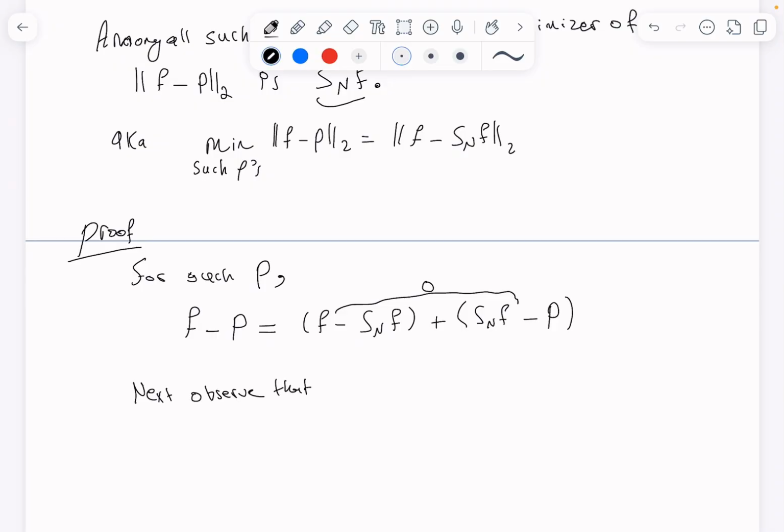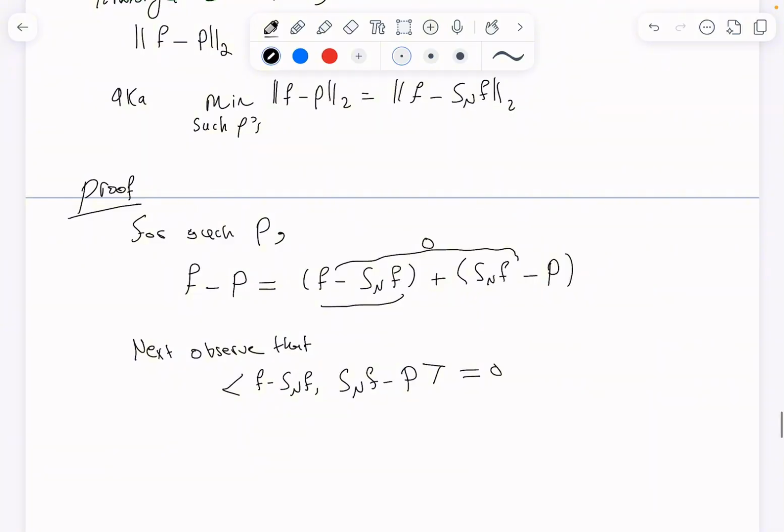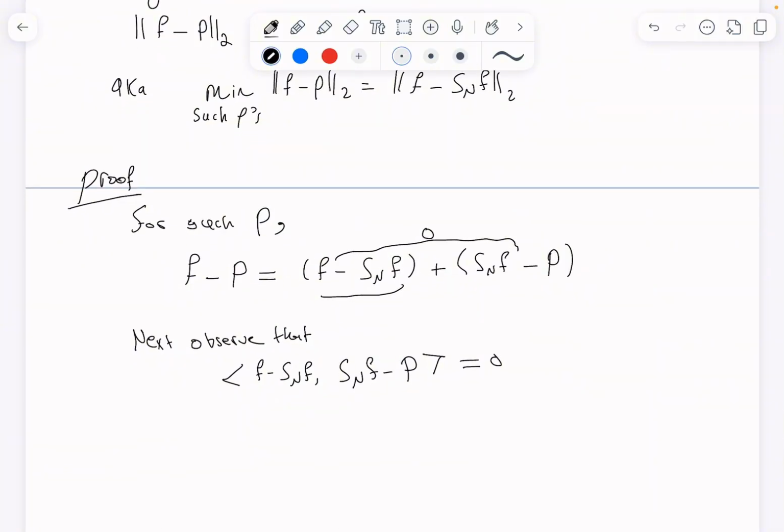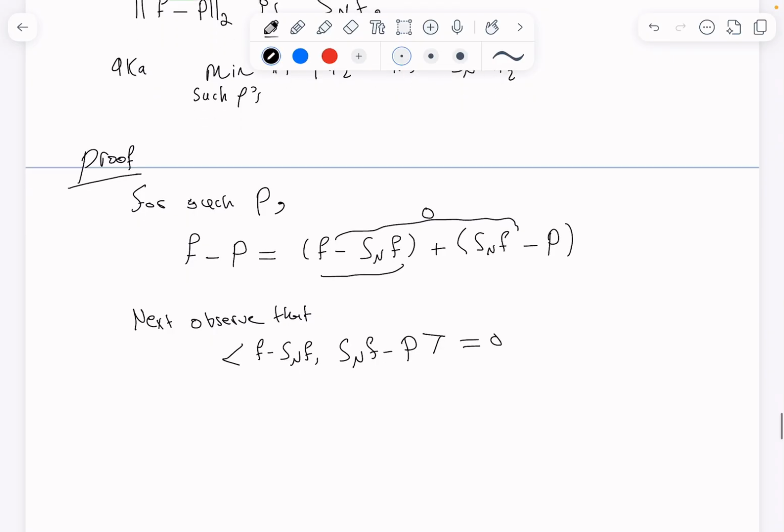orthogonal. So let's next observe that the first component here is orthogonal to the second one. In other words, we want to show that this is 0. But why is that? Well, to see this, let's make the following observation.